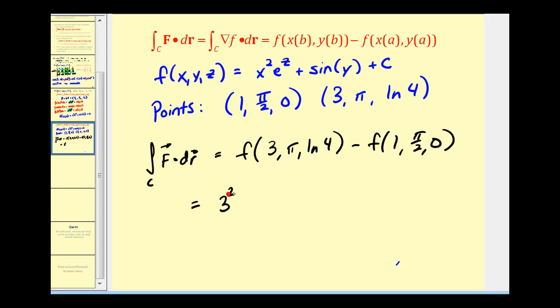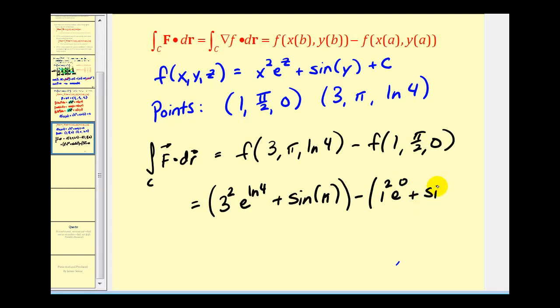We'd have 3 squared e to the natural log 4 plus sine of pi, minus 1 squared e to the 0 plus sine of pi over 2. Well, 3 squared is equal to 9.